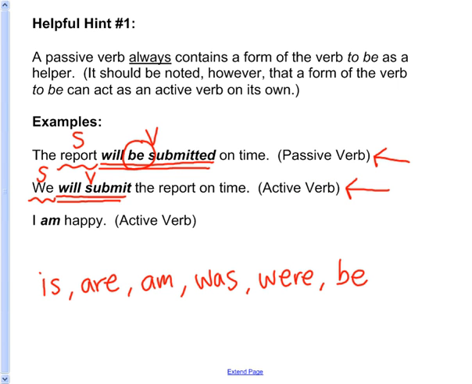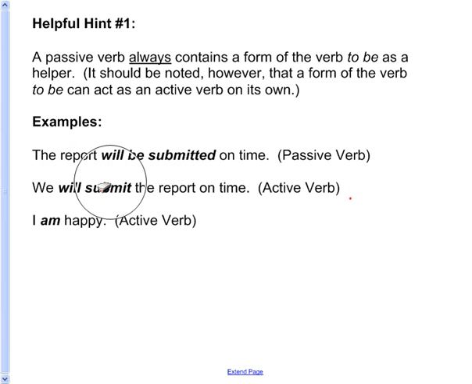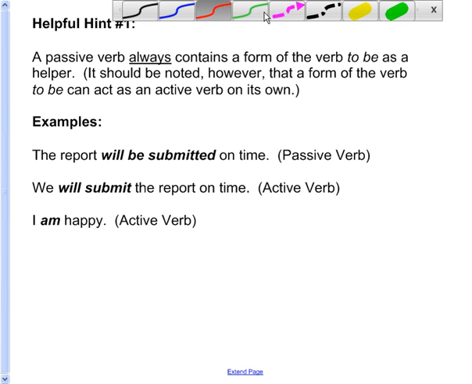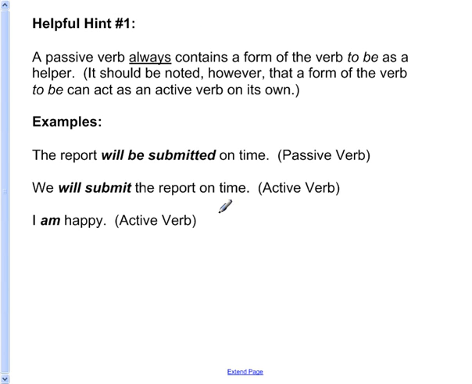All right, but you have to be careful. Let's look at this third sentence. In this third sentence, I am happy. Here, the verb is am, and the subject is I. In this case, the action indicated by the verb is to be.